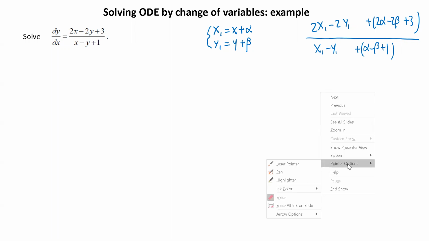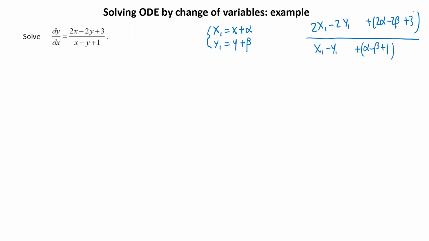So what you actually want, just like what we tried to do last time, is that you want this one to go to 0 and this one to go to 0, right? So that means you require alpha and beta to satisfy these two equations, and you find that there's just no solution.